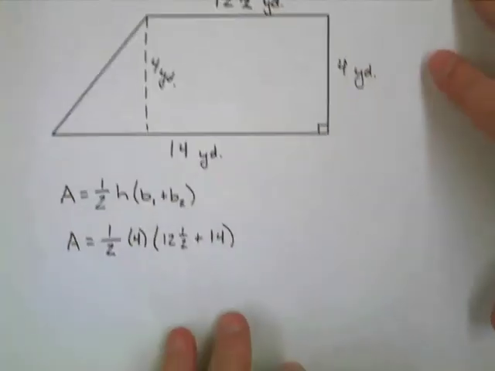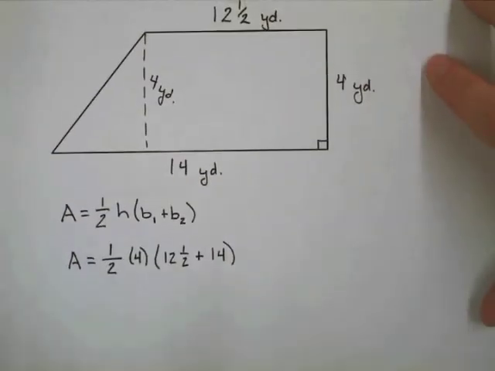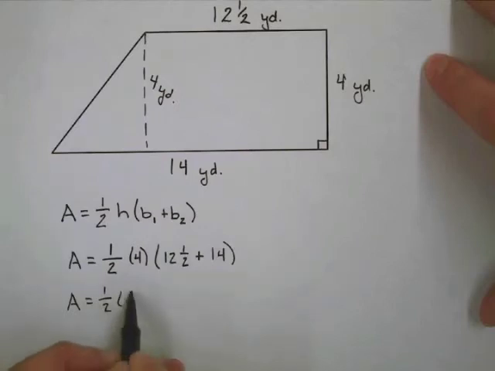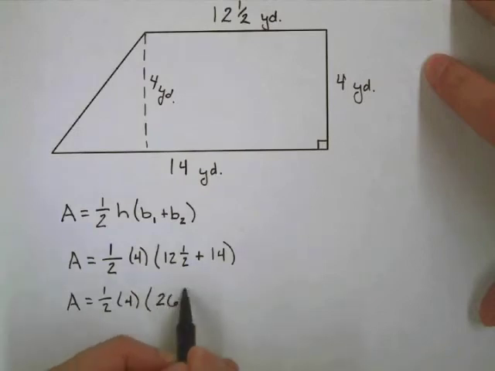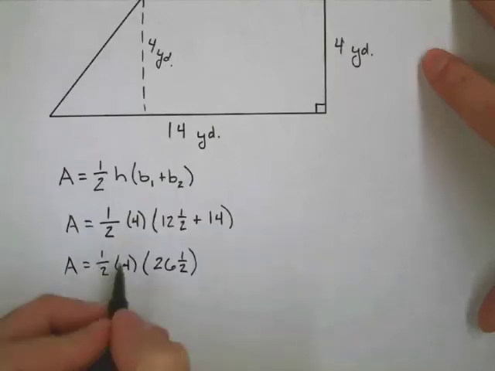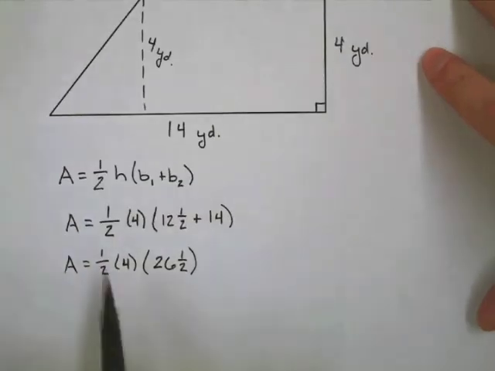So, following order of operations here, I want to do what's in the parentheses first. So area equals 1/2 the height, and base 1 plus base 2 is 26 and 1/2.